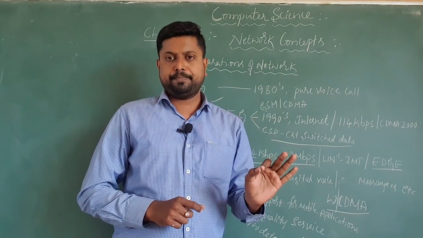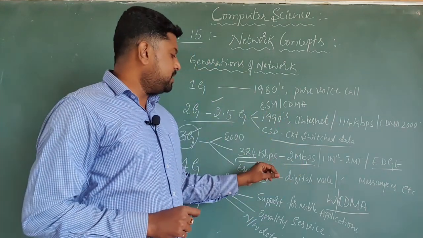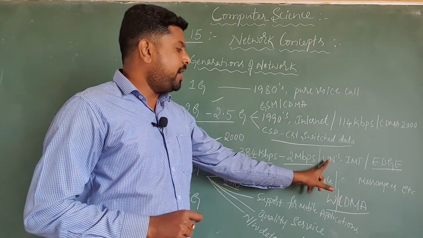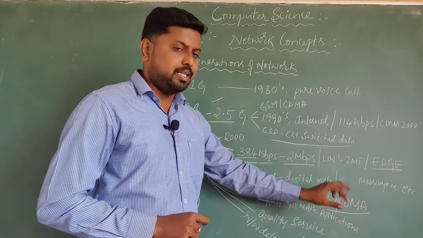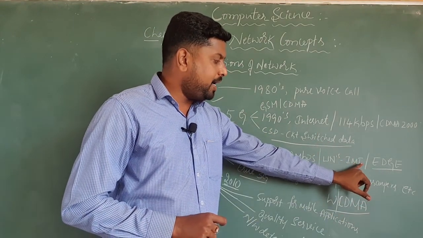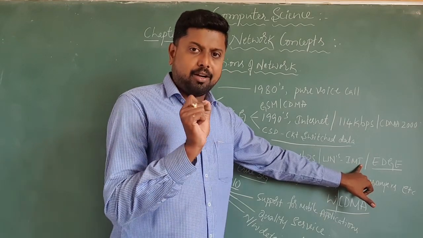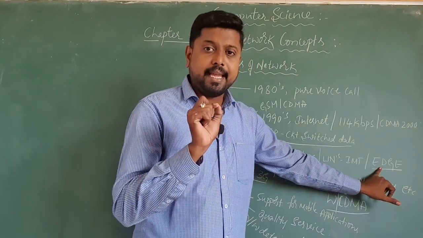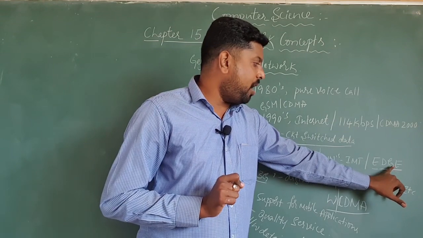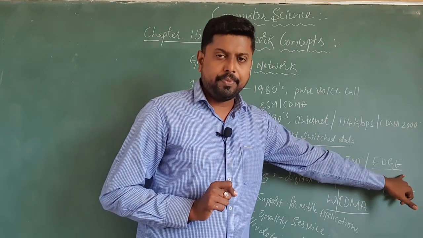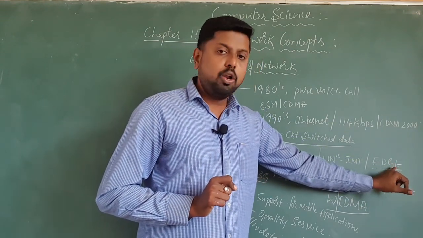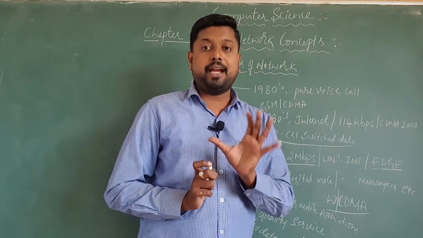So, in this particular 3G network, the Universal Network, which accepts international mobile technology, offers one technology that we call EDGE, Enhanced Data for Global Evolution. Enhanced Data for Global Evolution is a type of technology.